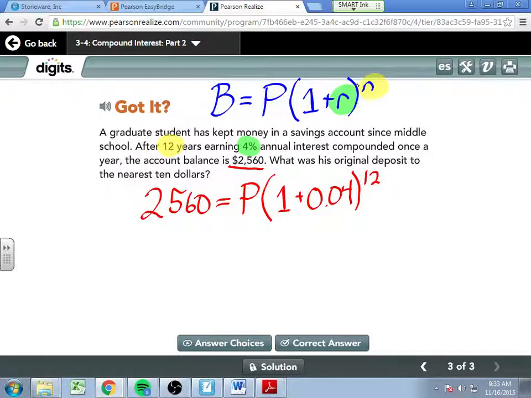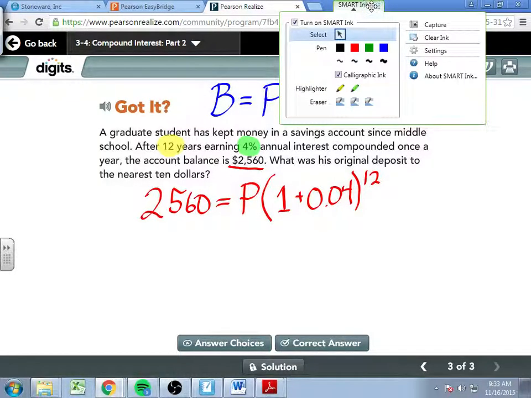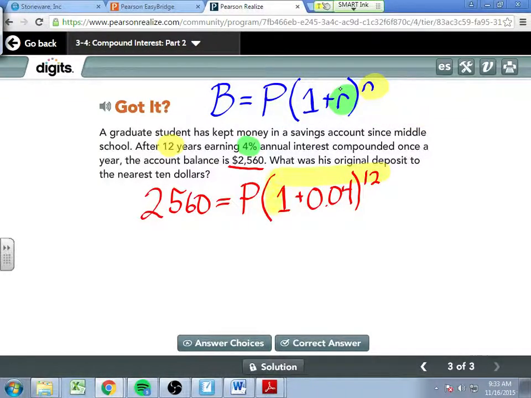Here's what you want to do in this situation. This is why I said leave some space so that you can actually work. Do this math. 1 plus 0.04 is easy, it's 1.04 to the 12. Once we get that answer, rewrite everything we know.